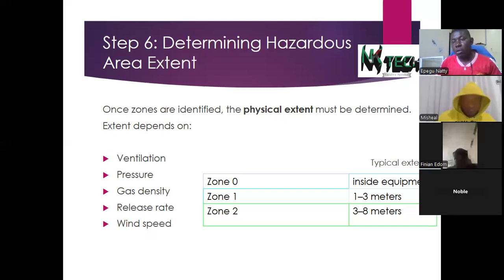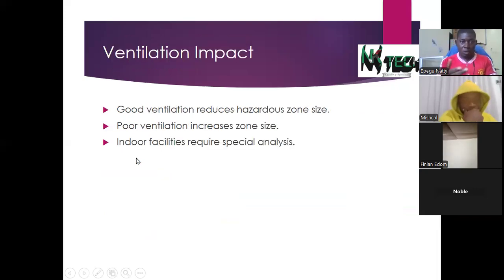Ventilation is also a criterion that affects your zoning. You can look that up. Good ventilation reduces your hazardous zone size, poor ventilation increases your zone size, and indoor facilities require special analysis.